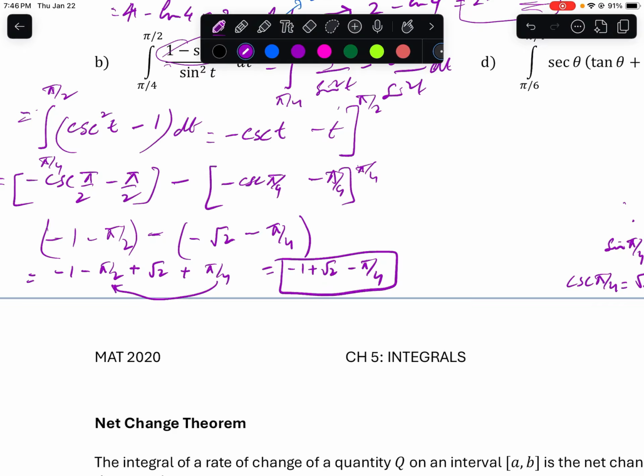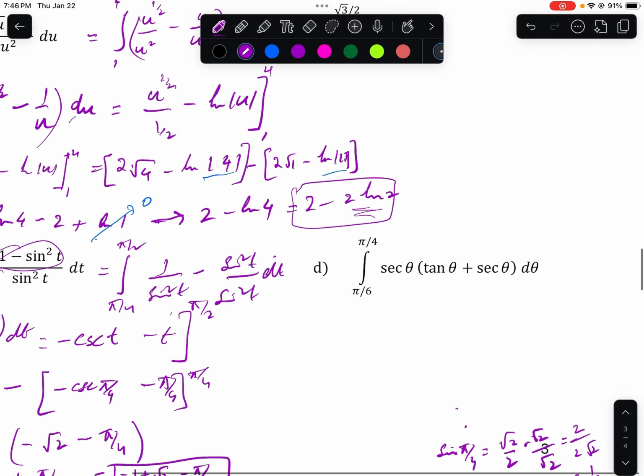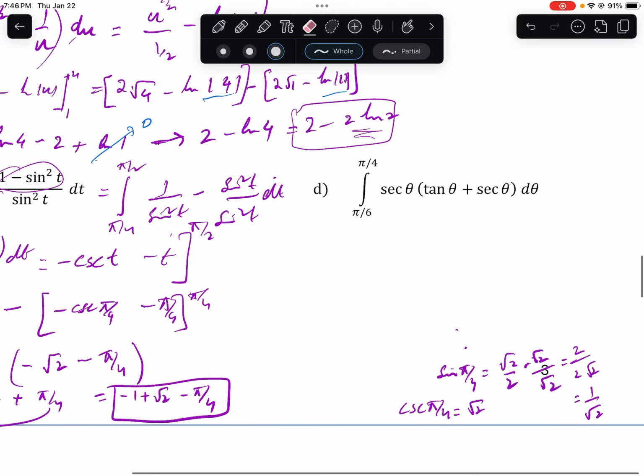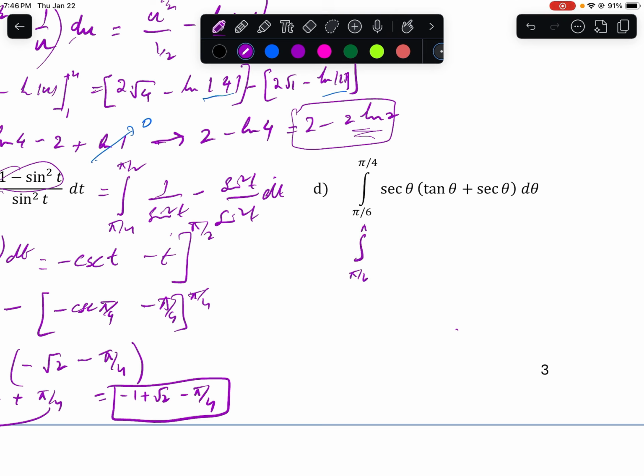So one more and then I will stop. And next thing is, so here, how do we do this one now? I think we did this one in the indefinite integrals. So we write it like pi over 6 to pi over 4. We distribute.